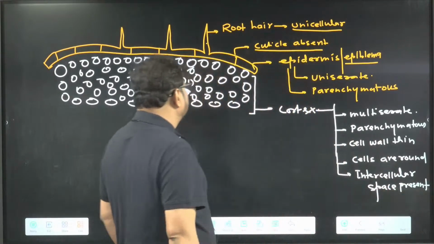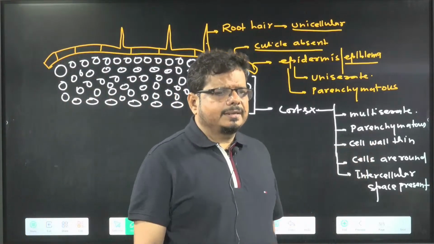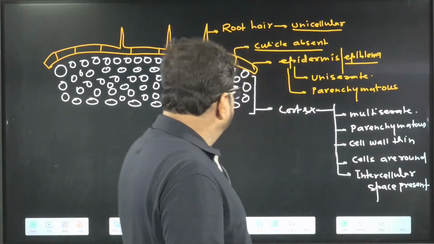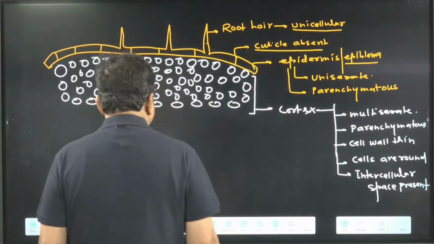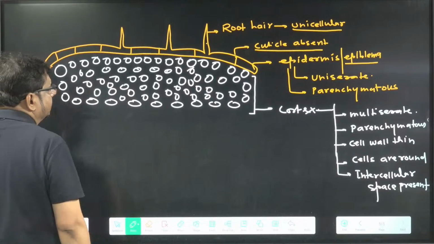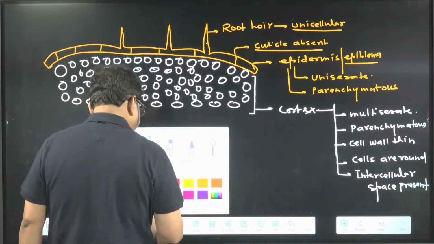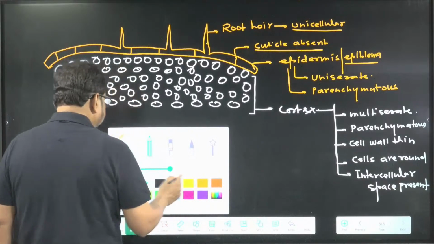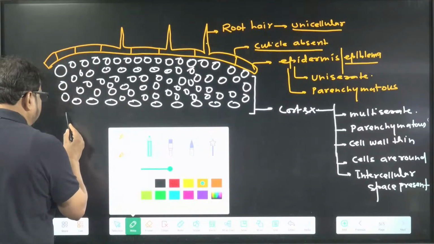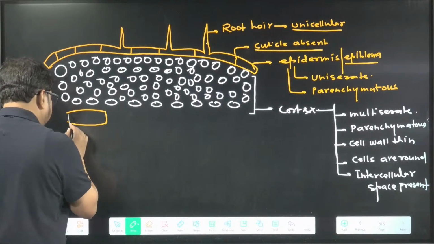Are you getting the idea or not? So I wrote the cortex here and I wrote here the characters of the cortex layer. It is multiserate, made up of many layers. See how many intercellular spaces are there? Intercellular spaces are present. Getting the idea or not? Now just inside the cortex, there is a single layer made up of barrel-shaped cells.